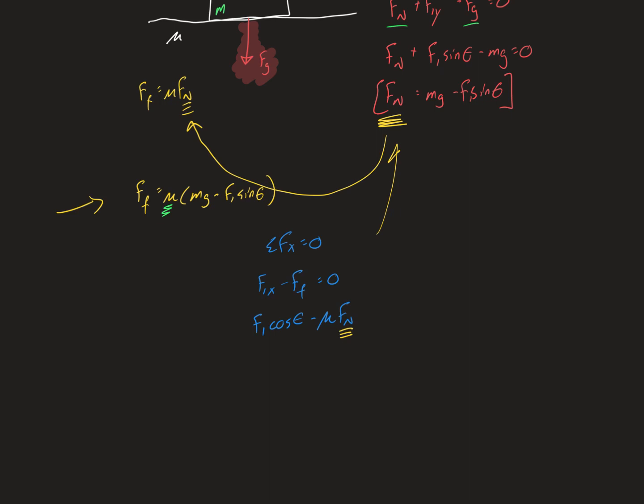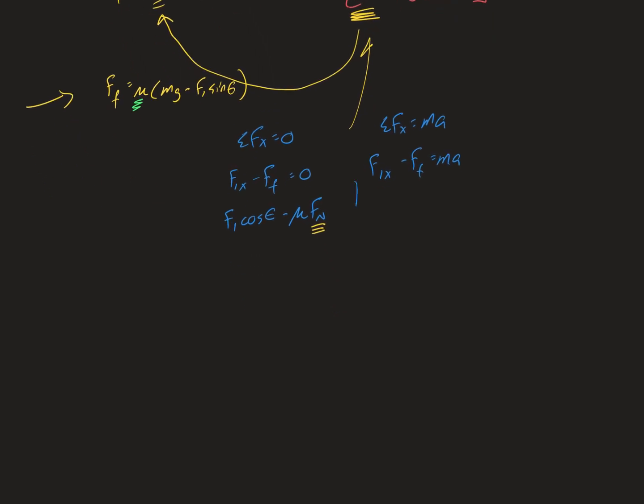You can also have an example where the net force is not 0 and the mass of the object is accelerated. And so we would have something that would look like this: F1 in the x minus the friction force equals mass times acceleration. To fully expand that, it would look something like this: F1 cosine theta minus mu times the normal force equals mass times acceleration.